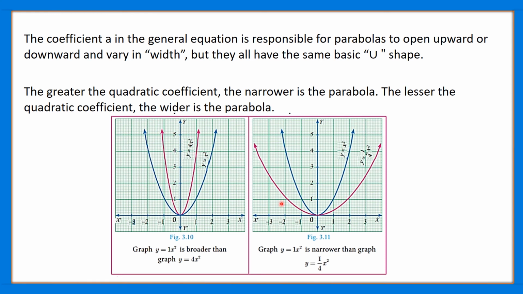Similarly, when you look at the graphs of y = x² and y = 1/4 x², the graph of y = 1/4 x² is wider than the graph of y = x².